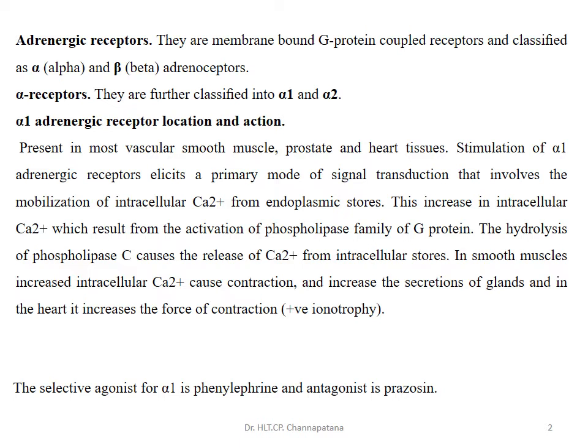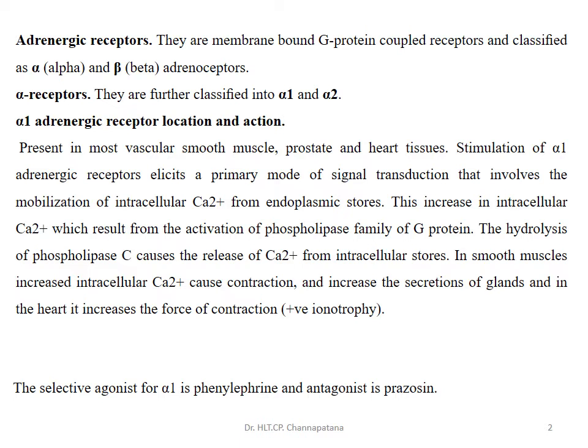Those receptors are called adrenergic receptors or adreno receptors, because adrenaline will bind to these sites, hence they are called adrenergic receptors. They are membrane bound G protein coupled receptors, which means they use second messengers, that is activated by cyclic AMP.